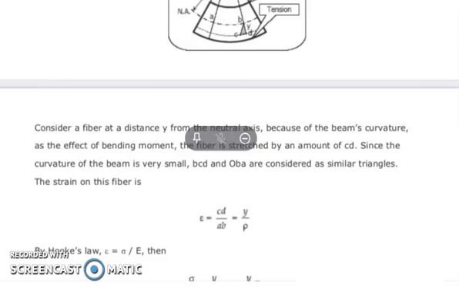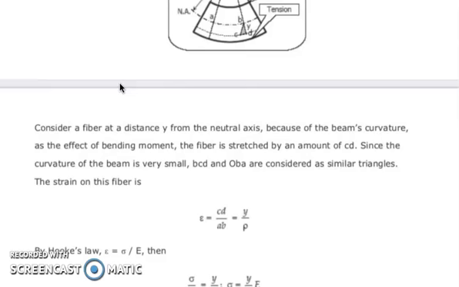You have to take note that if you consider a fiber at a distance y from the neutral axis, because of the beam's curvature as the effect of the bending moment, the fiber is stretched by an amount CD. If you observe here, this is the stretched portion of the fiber. Since the curvature of the beam is very small, BCD and OBA are considered similar triangles.